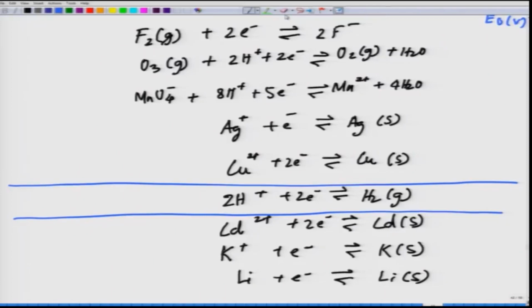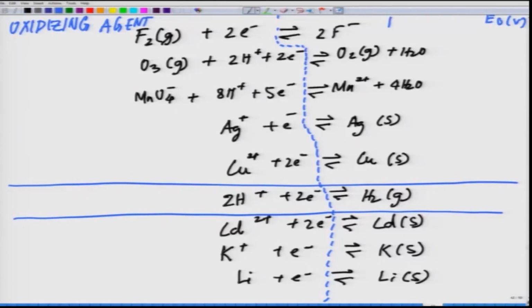On this side what you have are the oxidizing agents. You remember oxidizing agents are the ones which get reduced in the process, and a reducing agent gets oxidized in the process. So if you remember this value, this is 0. This is what we have assigned.